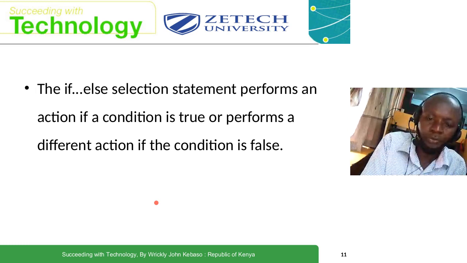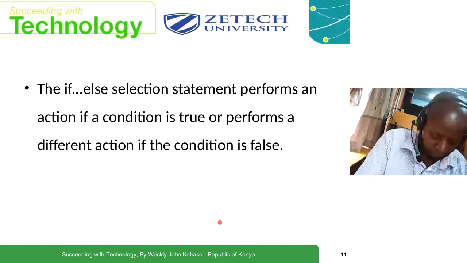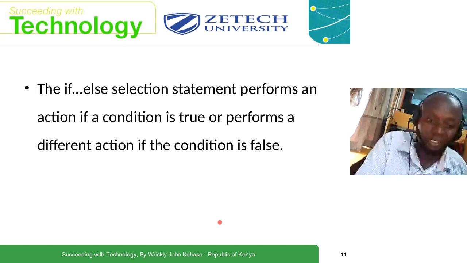One action will be placed within the body of the if statement, and the other action will be placed in the body of the else statement. The first action will be placed on the if statement, and the second one on the else statement. So there will be two actions in this case, one on the if, another one on the else statement.